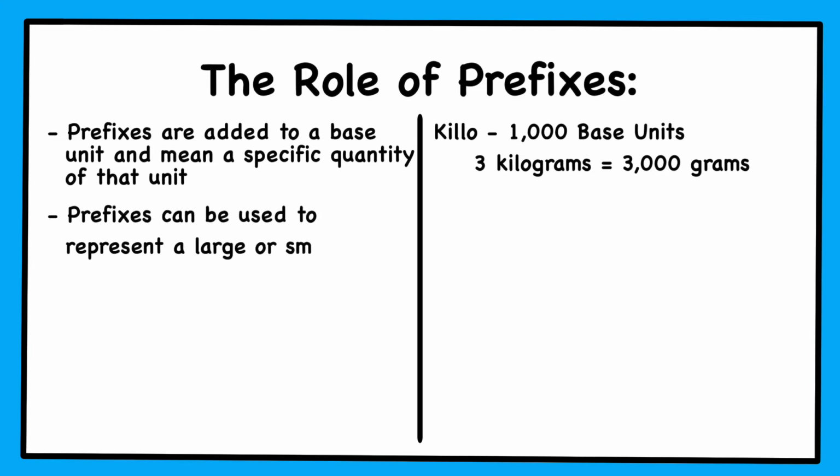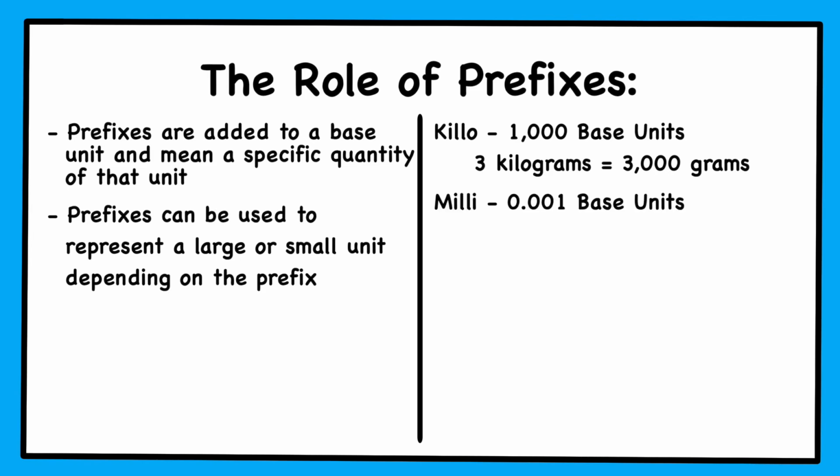This prefix can be used to represent a large or small unit depending on the prefix. For example, we said kilo means 1,000 from earlier, but if we change that prefix to milli, that is saying that substance is 1,000th of that unit. So 3 milligrams would be 0.003 grams. As in this case, we can see prefixes make a big difference.